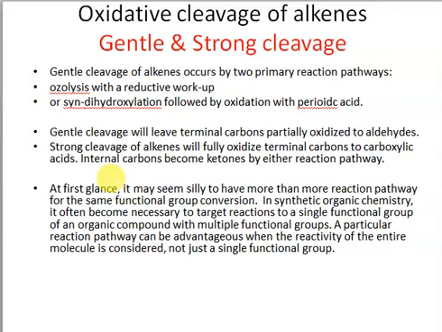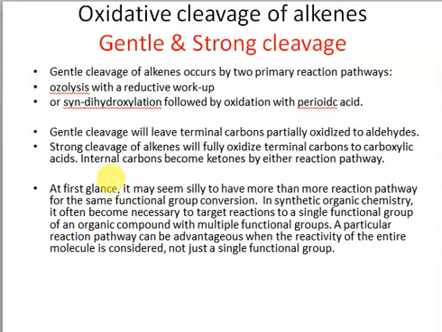So this you should know, that gentle cleavage always yields either aldehydes or ketones. However, strong cleavage yields carboxylic acids, and in case a ketone is being formed, the ketone will not be converted into a carboxylic acid by this method.